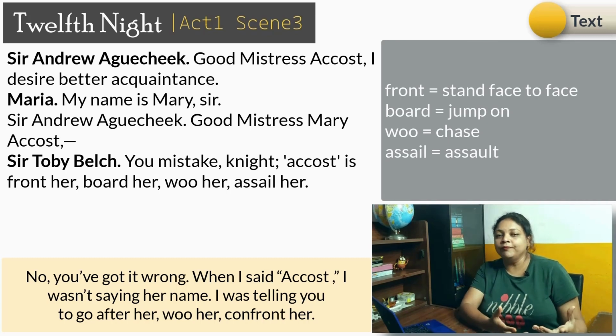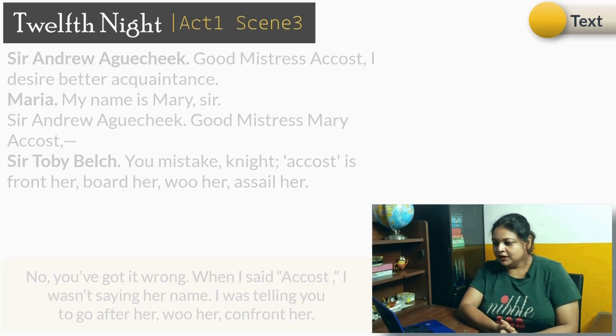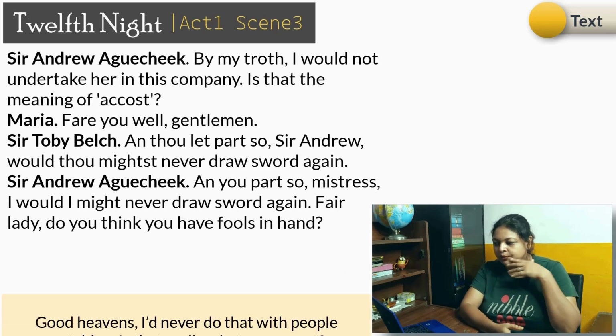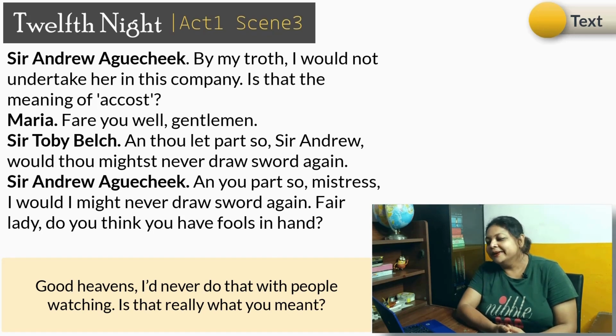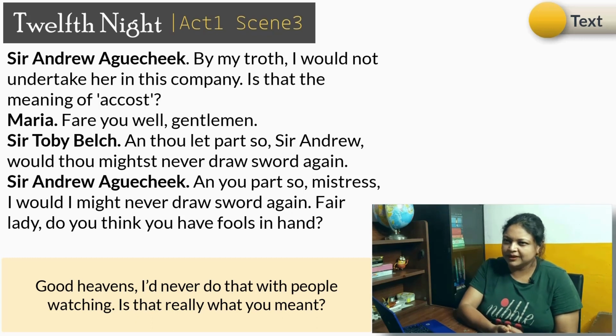That has a lot of sexual implication, violent sexual implication, and Andrew is a bit disturbed by the whole suggestion. By my troth, I would not undertake her in this company. I can't do that in front of you. So, is that the meaning of accost? Now he is a bit confused whether he is meaning what I think he's meaning.